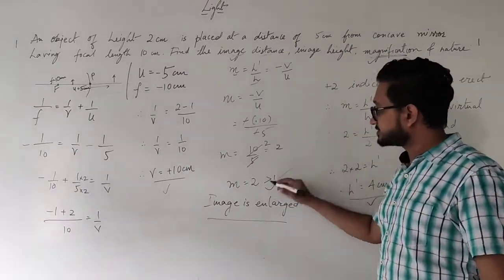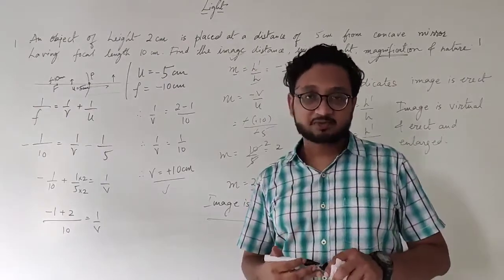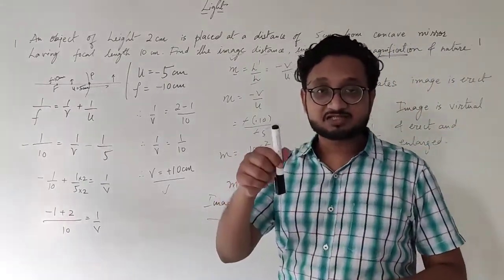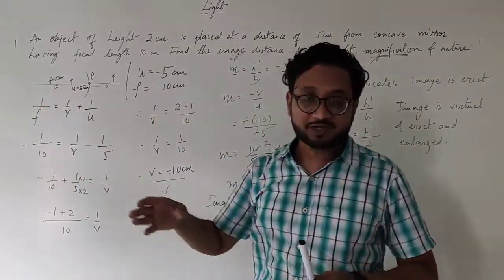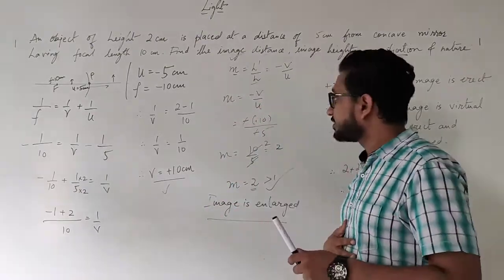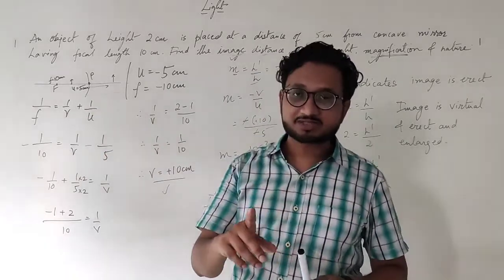Same thing over here. Suppose you get the 2, but you get minus 2 somewhere over here. Suppose, hypothetically, then if you have minus sign over here, which means that the image is inverted, and enlarged means beyond C. Beyond C we get the enlarged and inverted image. Once again, that is incorrect, because if the object is between focus and pole, you always get an enlarged image, that is correct.